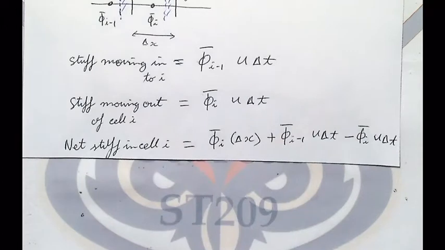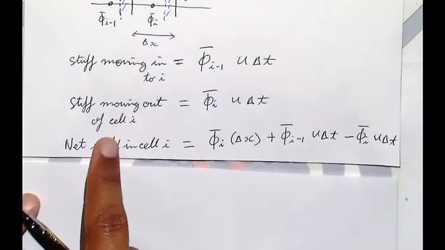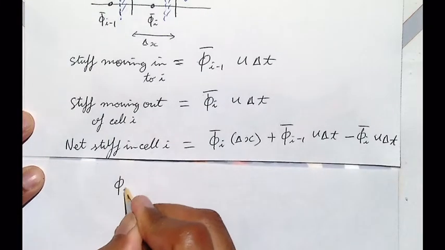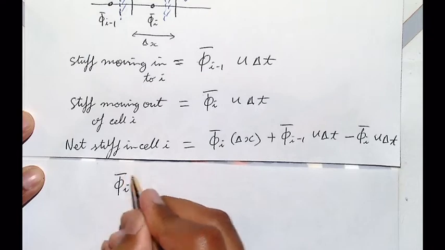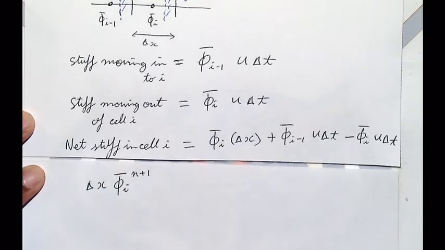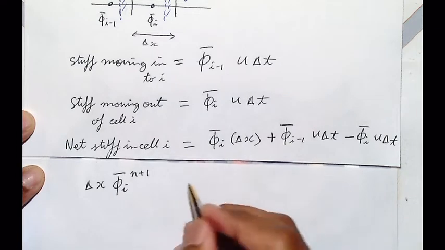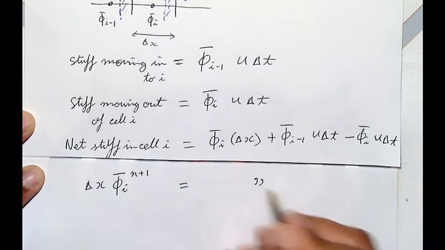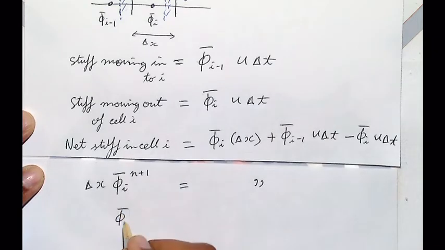When we simplify all of this, the net stuff in cell i at the next step I can just write as phi i at m plus 1 times delta x. That's what happens at the next step, and it is equal to the right hand side. Which means, what have we recovered?